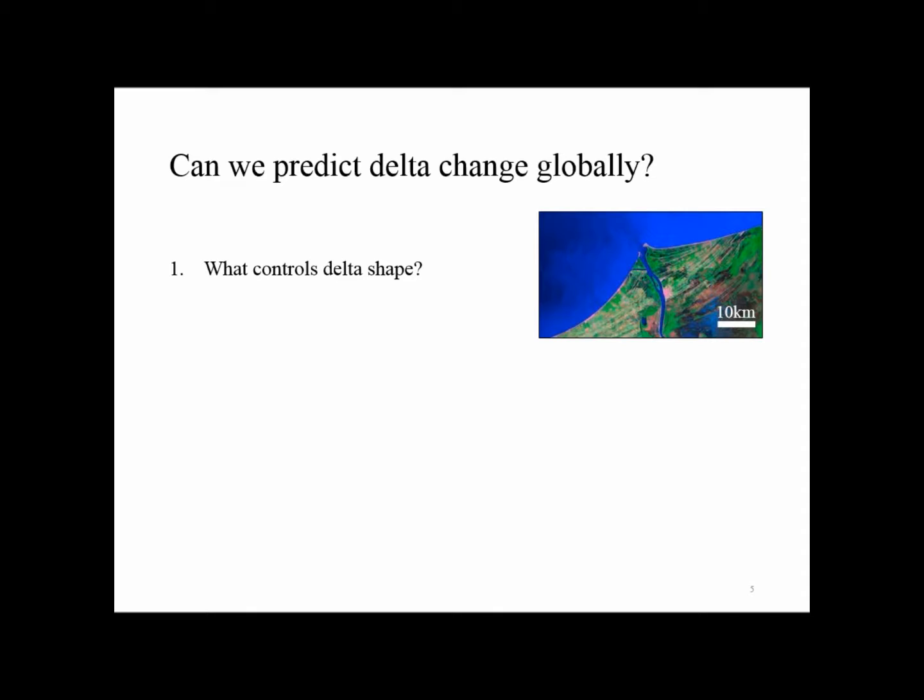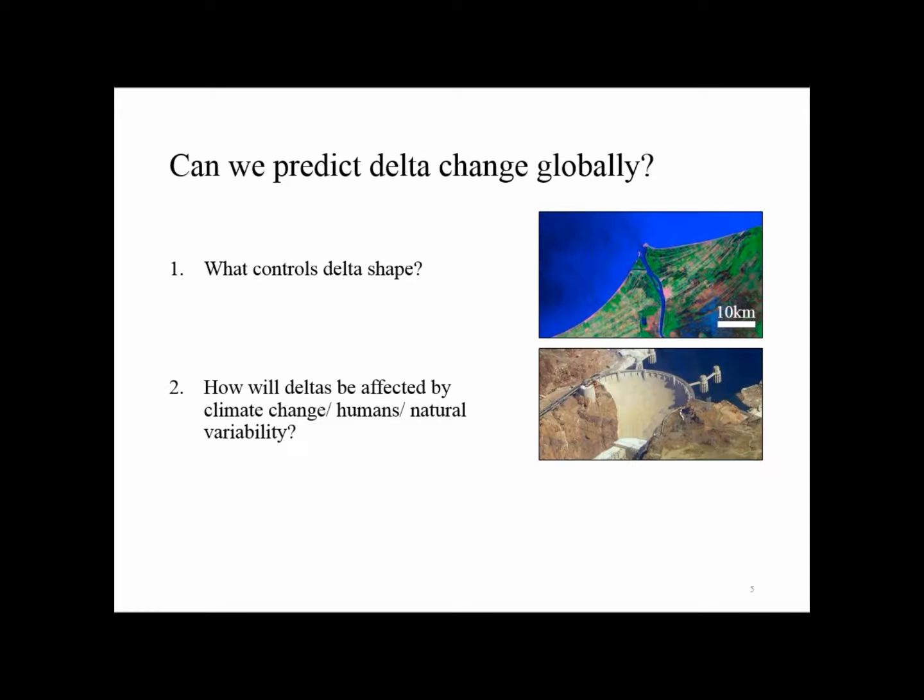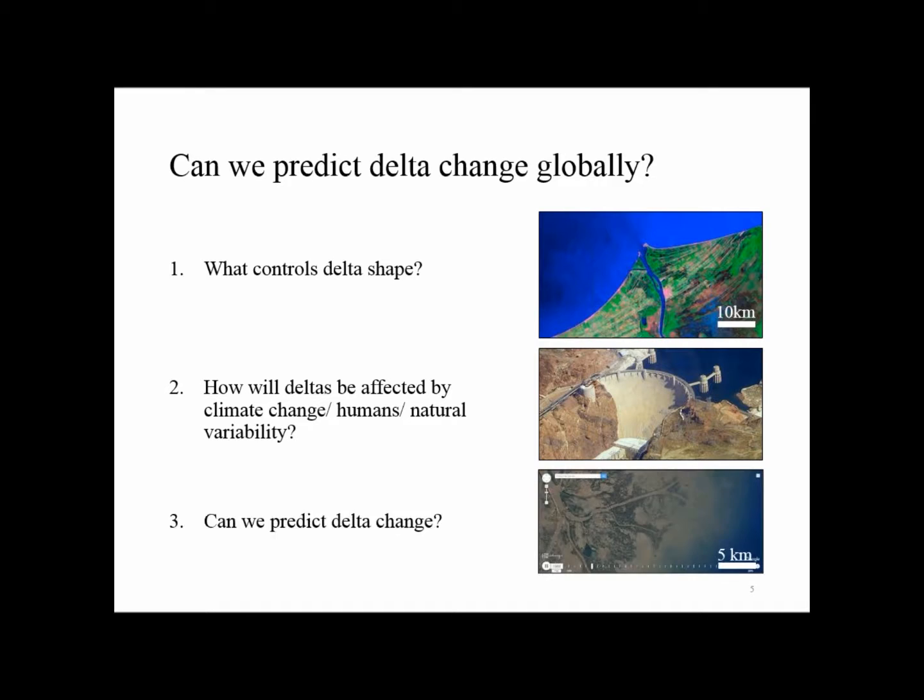Before you can know how that delta is going to change, you have to know why this delta has attained this shape in the first place. The second very important part is how deltas will be affected, so things like climate change, humans, or natural variability of these systems. And lastly, if you combine those two questions, then you can ask yourself, how will deltas change in the future?